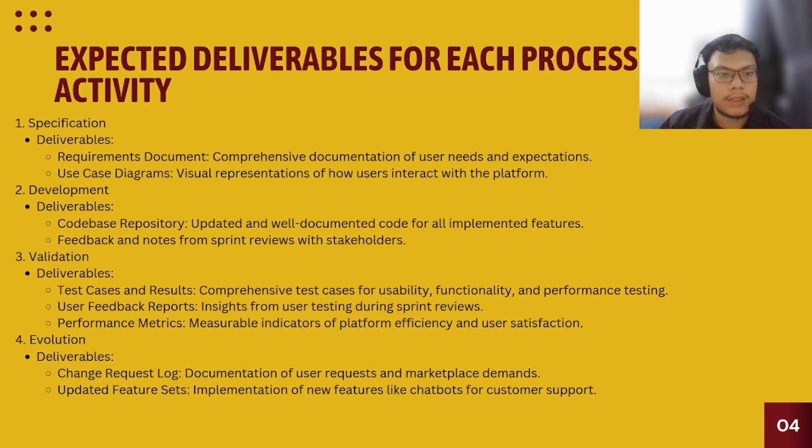For the validation, test cases and results, user feedback report, and performance metrics to measure indicators of platform efficiency and user satisfaction. And lastly, evolution, change request log, documentation of user requests of marketplace demand, and updated feature set, implementation of new features like a chatbot for customer support.